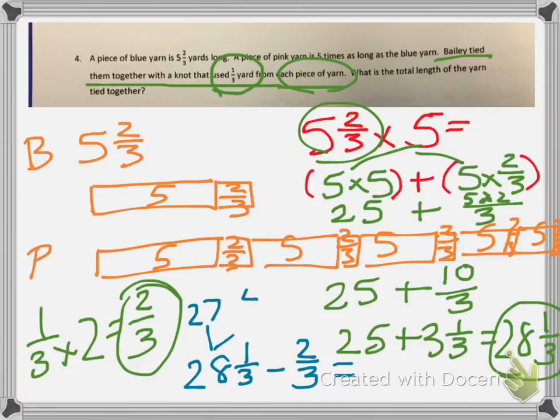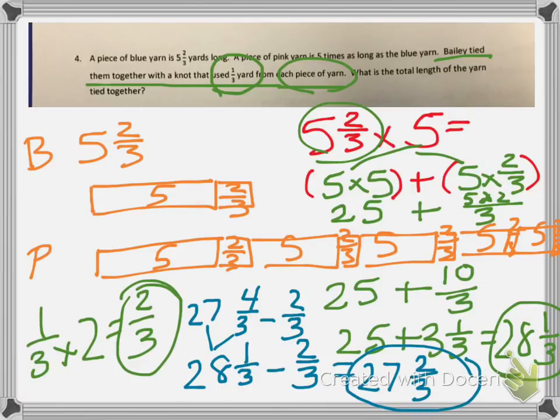So it's really going to be 27 and 4/3 minus 2/3. Okay, now I can do this. I'm going to bring my 27 over, and then I can subtract 4, take away 2. And that's going to be 27 and 2/3, my final answer, because we had to take this part away.